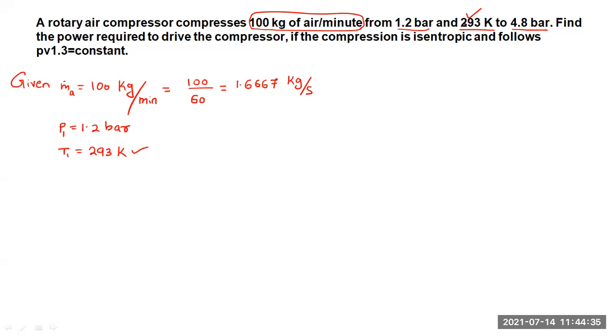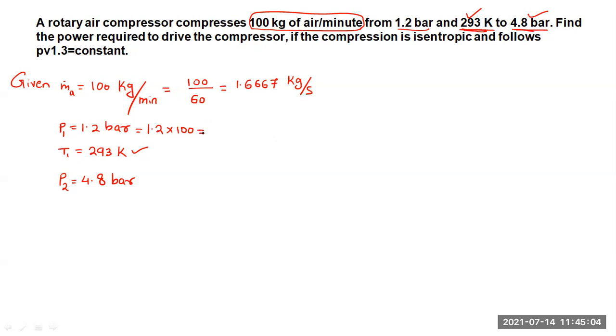This temperature is already given in Kelvin, so no need to add 273. If the temperature is mentioned in degrees Celsius, then you have to add 273. Then 4.8 bar is our final pressure, P2. Always convert bar into kilopascal: 1 bar is 100 kilopascal.